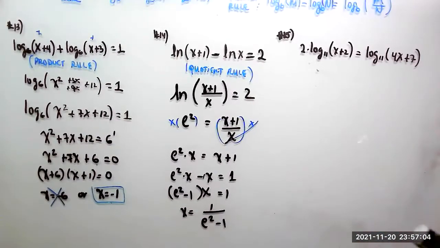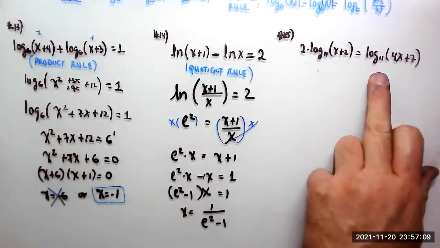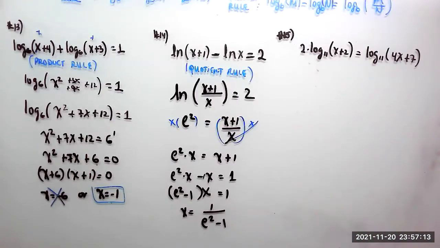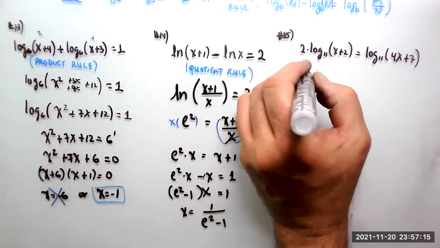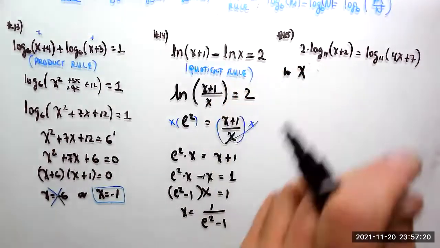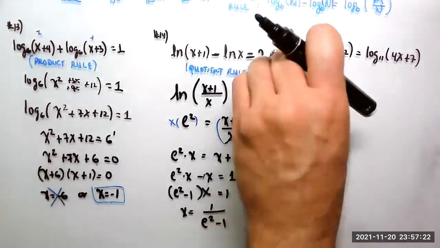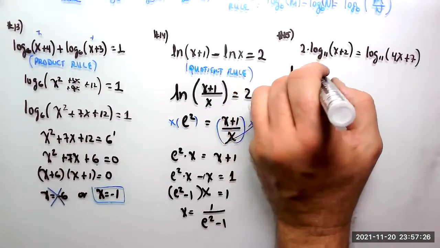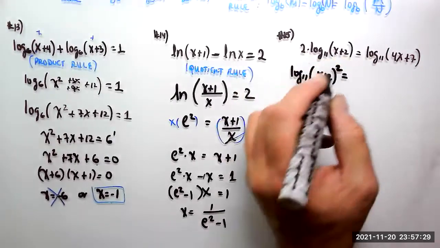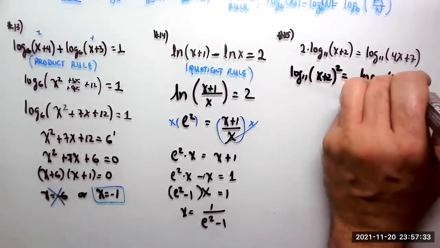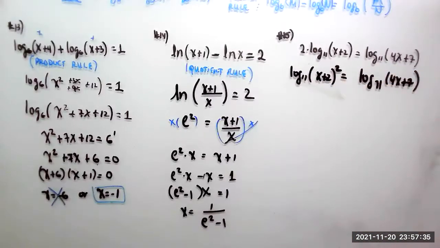Last example: 2 times log base 11 of x plus 2 equals log base 11 of 4x plus 7. The 2 can be brought inside as the exponent. So what do I have? Log base 11 of x plus 2 squared equals log base 11 of 4x plus 7.